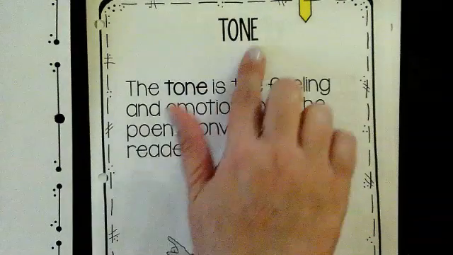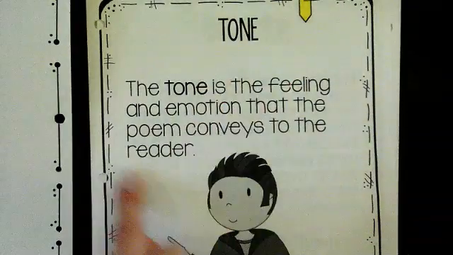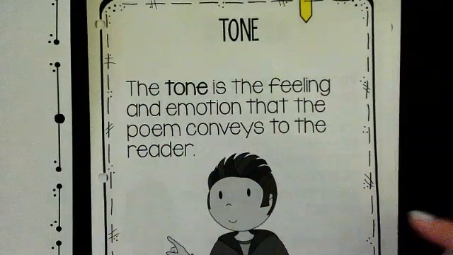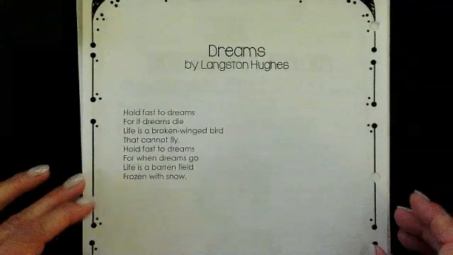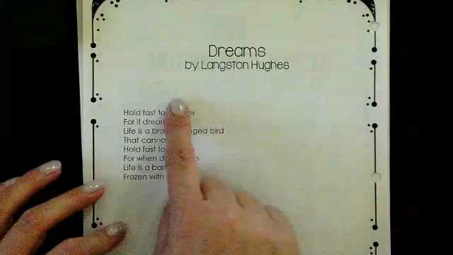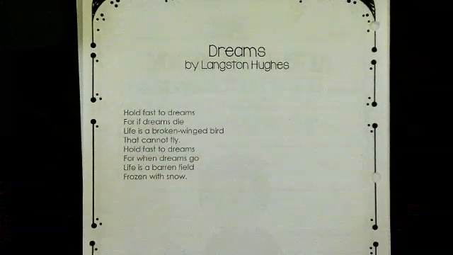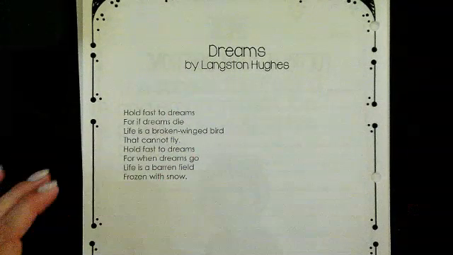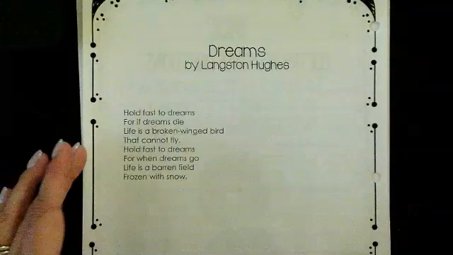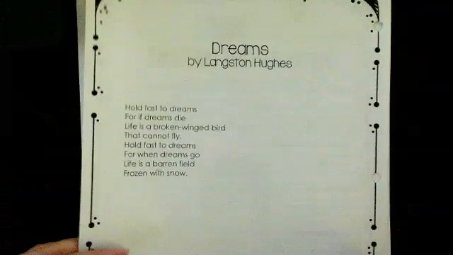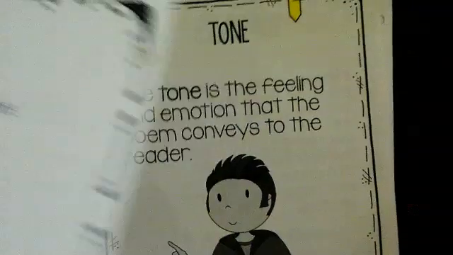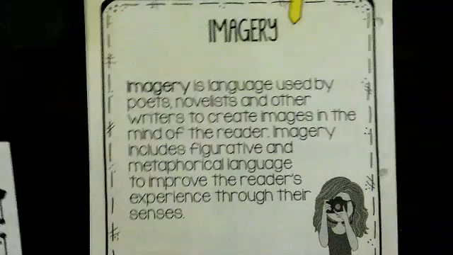That's tone. The tone in a poem is the feeling or the emotion. And an author or the poet can make you feel things based on the words that they choose to use in a poem. So that is tone. That's the emotion and feeling of a poem. Okay? The next one is imagery.